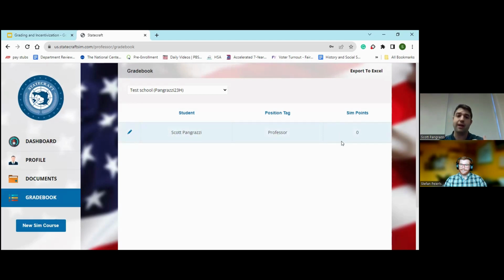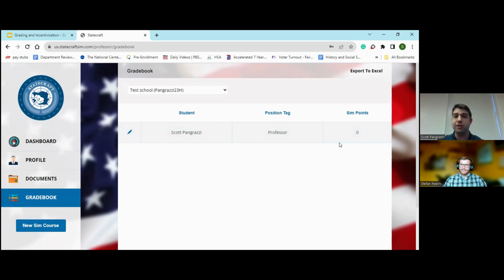Right. Because some students, and Stefan and I have talked about this a lot, your traditionally high achieving students sometimes struggle with, oh, I need to make a decision. Which one's the right decision? And so helping students realize that it's not necessarily about right or wrong. It's about where your position goals fit and what you think you need to do to accomplish this within the simulation.